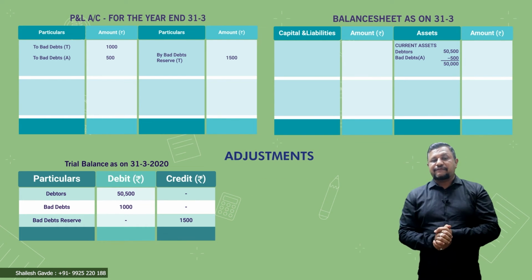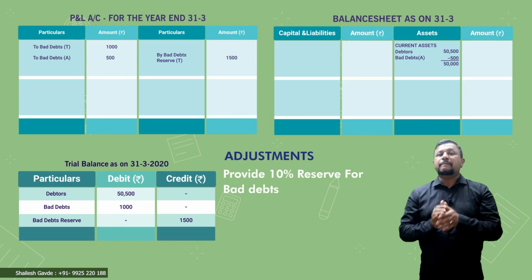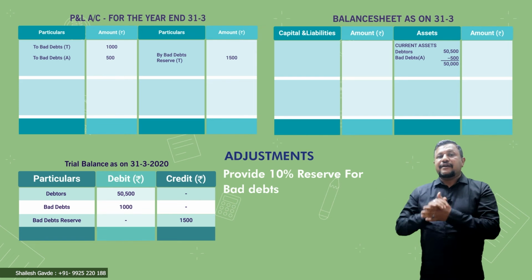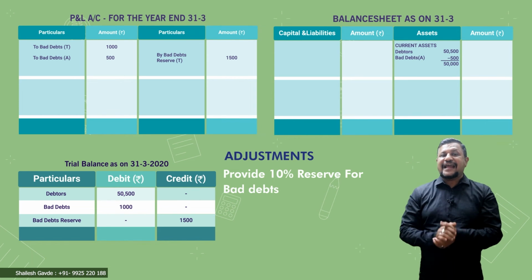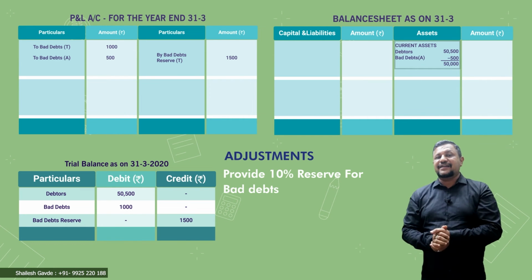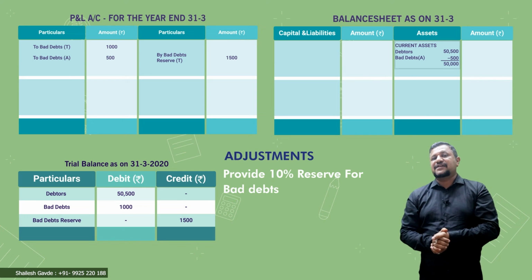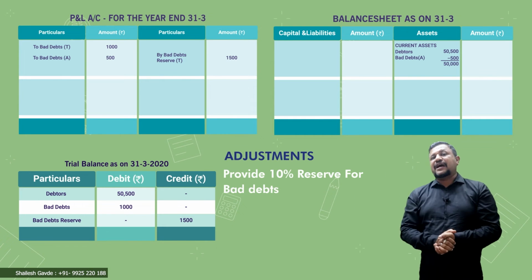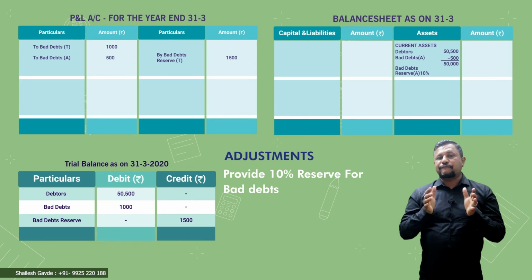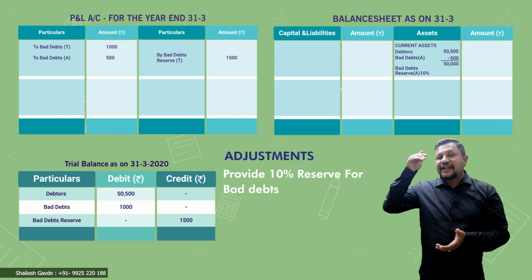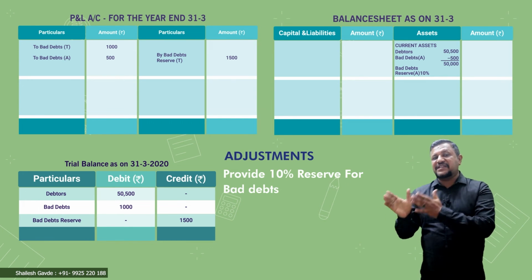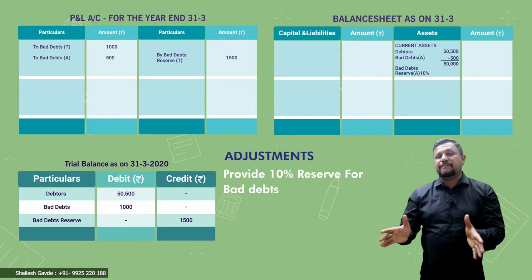The next adjustment, if we take, provide 10% bad debts reserve. Balance sheet asset side, from debtors we have deducted additional bad debts, 50,500 minus 500. 50,000 is the net answer. Now on this 50,000, we'll create bad debts reserve 10%. So first effect, from debtors minus bad debts, again we will deduct bad debts reserve adjustment 10%.